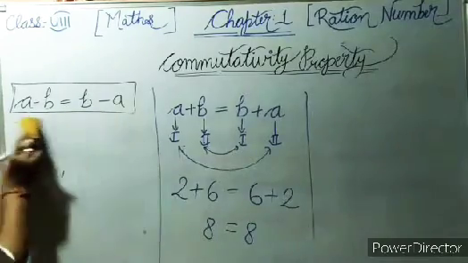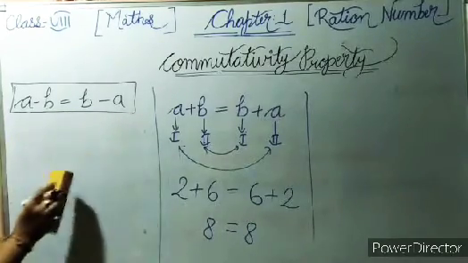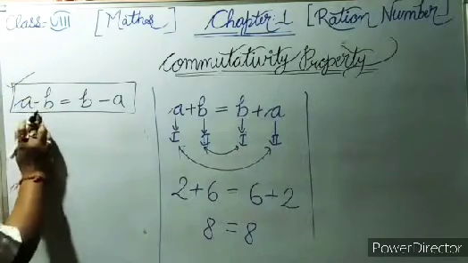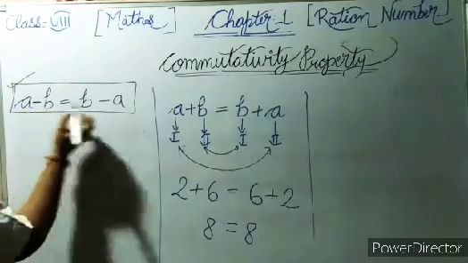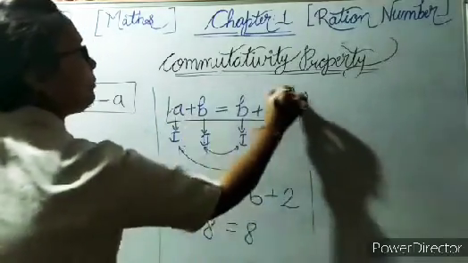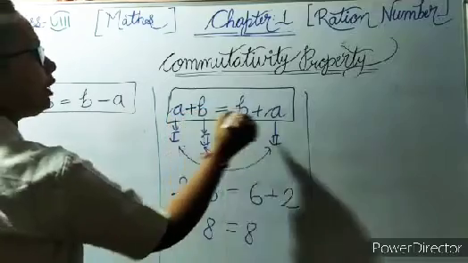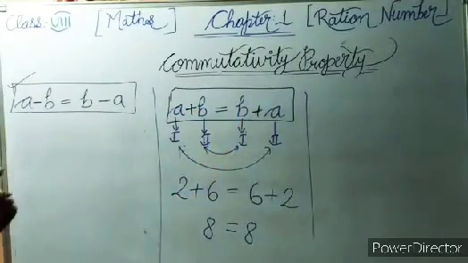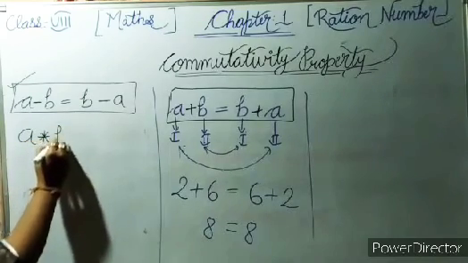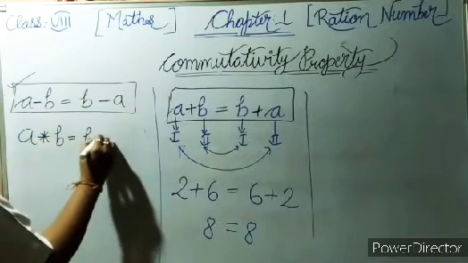But it is a different matter, and we will discuss it after some time. Now you see, that is for subtraction because we put subtraction here. That is for addition because we put plus here. Or if we want to see the commutative property for multiplication, we apply multiplication here.